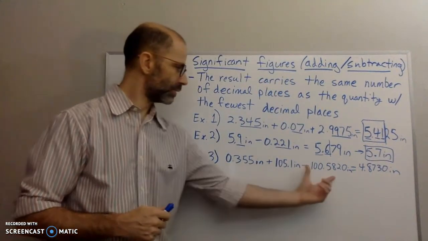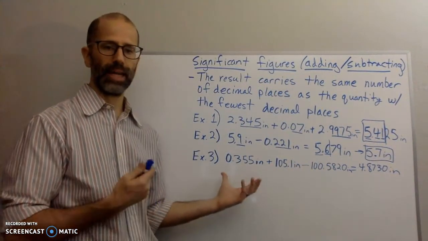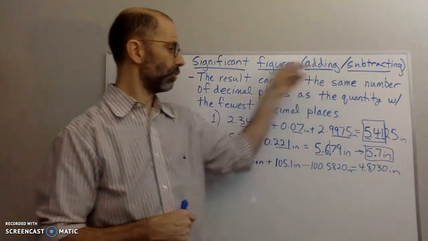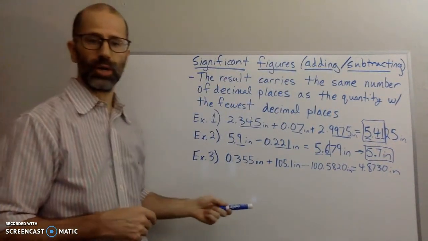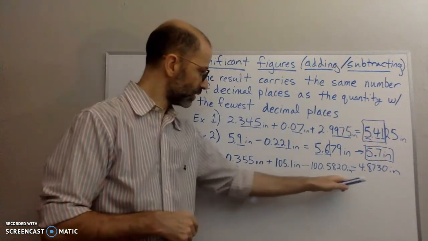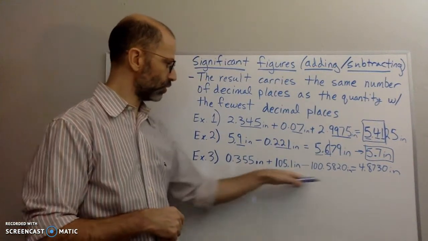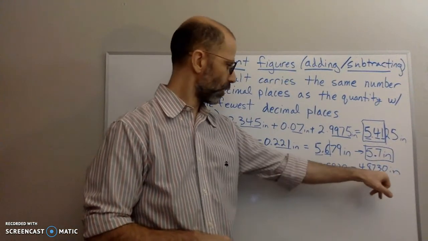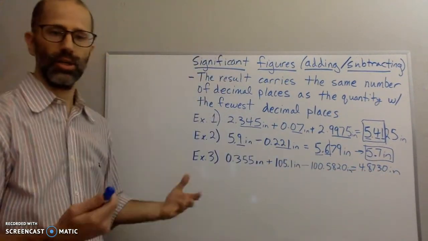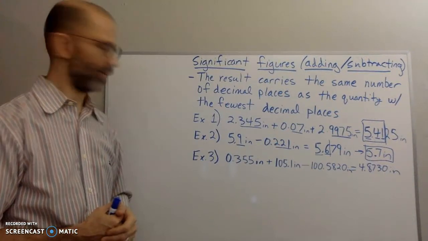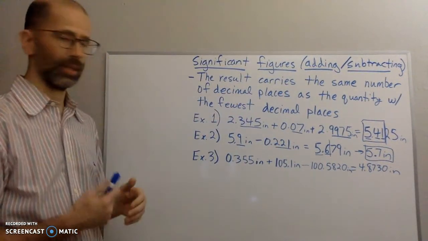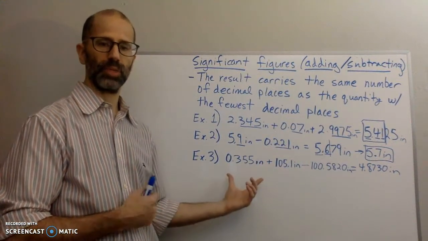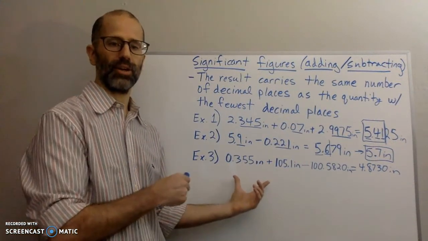Next is a mixed problem. You're adding and subtracting, but because the rule applies to both, it doesn't matter. So you add these together, you subtract that, and you get this answer on your calculator. Again, how many digits are you allowed to keep? You follow the rule: the least number of decimal places in your quantities determines how many decimal places you have in your answer.